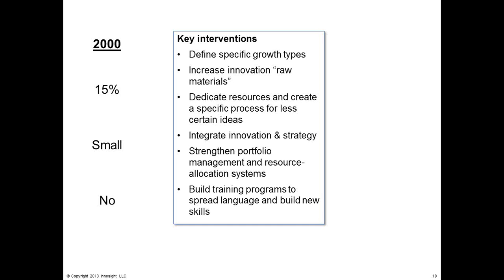Second, dramatically increase the raw materials for innovation. P&G did this in 2 ways. First, they instituted the program known as Connect and Develop to tap into the tens of thousands of individual scientists around the globe. At the beginning of the last decade, they set a goal that by the year 2008, at least 50% of P&G's innovation efforts had to have some kind of connection to the outside world, and they exceeded that goal by 2006.